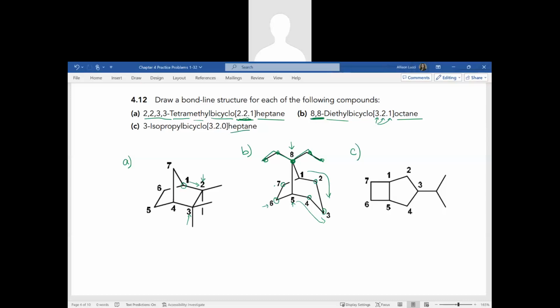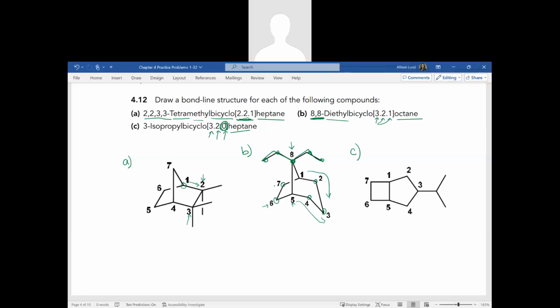So we're looking for 7 carbons to be drawn in our 2 cyclic structures, and we see that we have a 3, a 2, and a 0. So what that tells us is that the 2 rings share an edge.